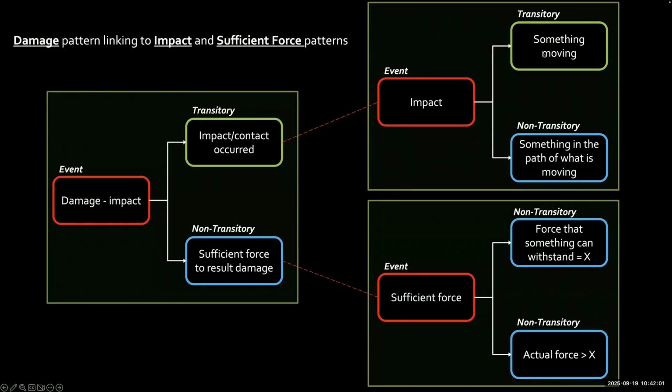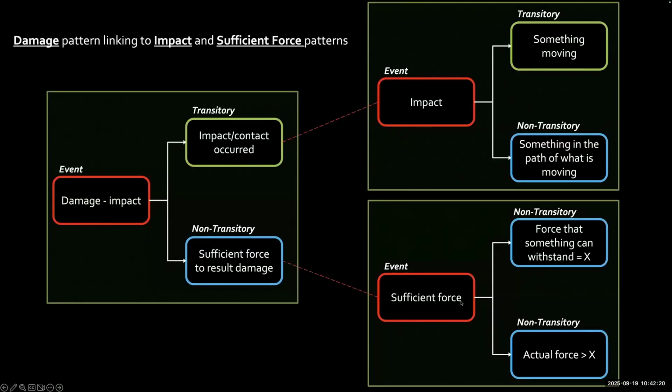But you get the picture here. What was moving? My hand was moving. The can was in the pathway. Why was that? It was because of the position of the can at the time that the hand was moving, et cetera, et cetera. So these patterns don't have to be perfect, but let's look at force.